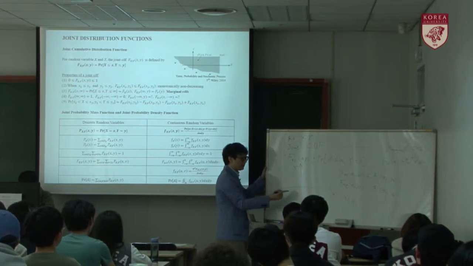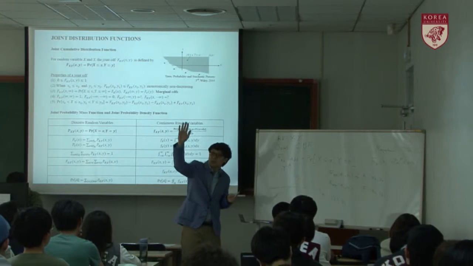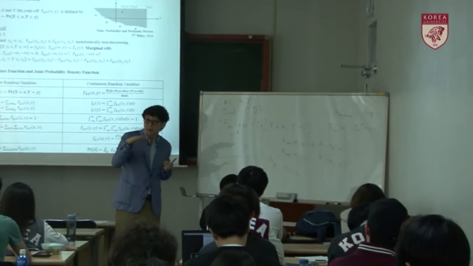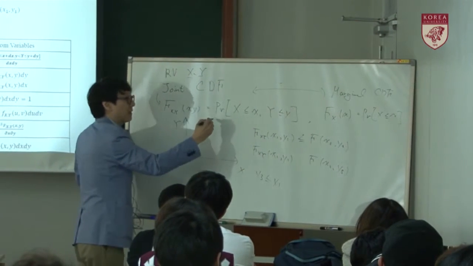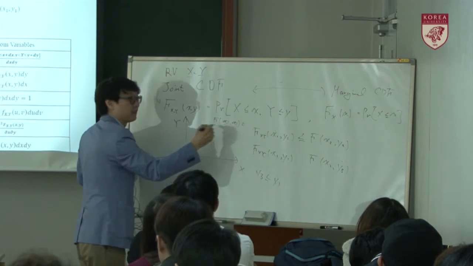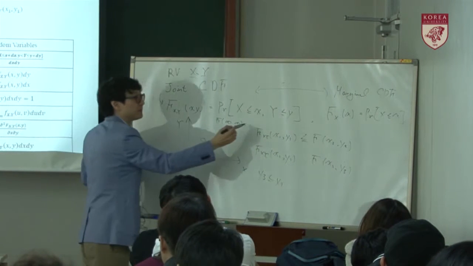As we have seen, if we move in this direction, it is monotonically increasing, actually non-decreasing, because there can be a flat part. So if we go to infinity, that means F of infinite and infinite. What's the value of F of infinite, infinite? It's going to be 1, right?